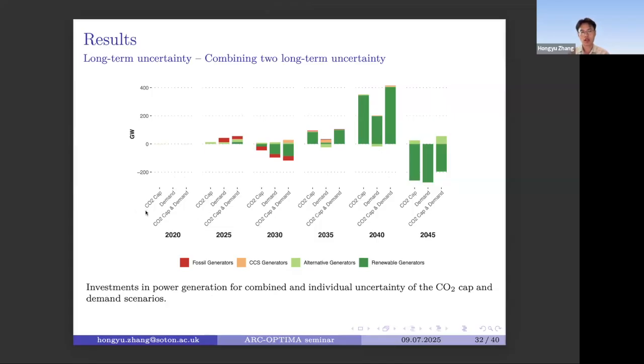So you have CO2 cap as uncertain, demand scaling as uncertain, and then the third case is where we put these two uncertainties in the same scenario tree. I think the main message here is that it doesn't change the mix that much. Compared with the deterministic case there is a difference, but not that significant.